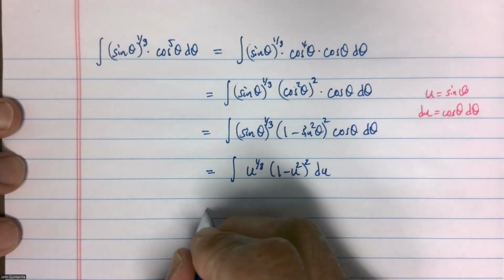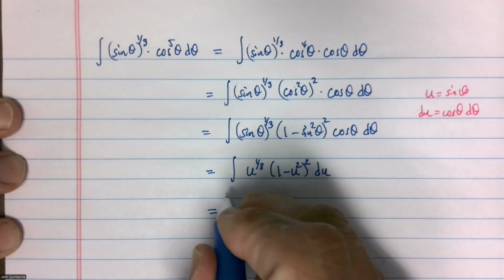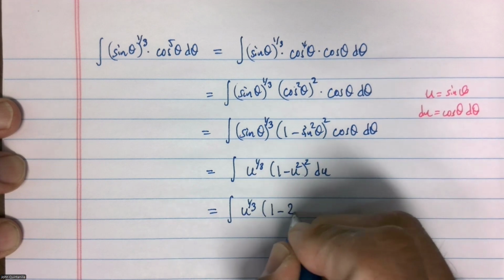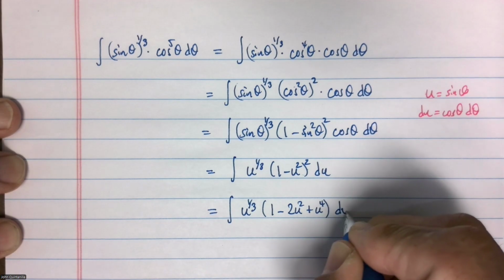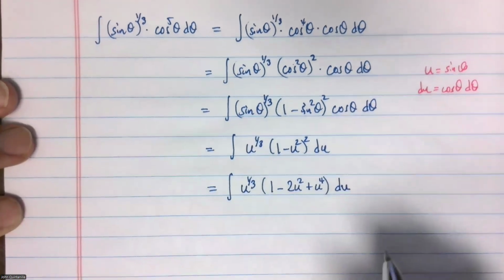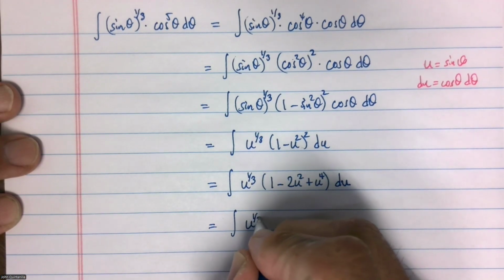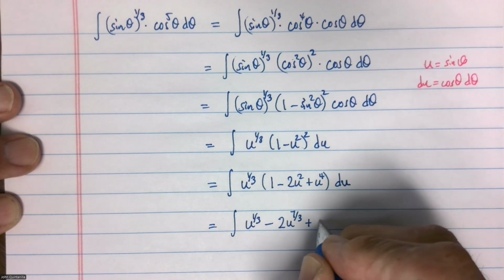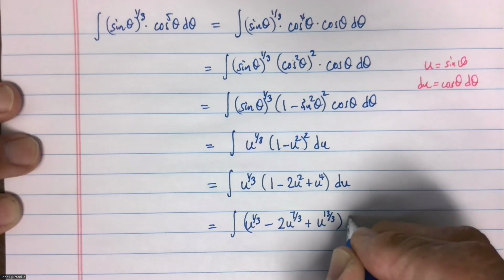Now for this one, we just simply apply brute force and square out what I see here. So the integral of u to the 1/3 times 1 minus 2u squared plus u to the fourth du. And again, let me multiply out: the integral of u to the 1/3 minus 2u to the 7/3 plus u to the 13/3 du.